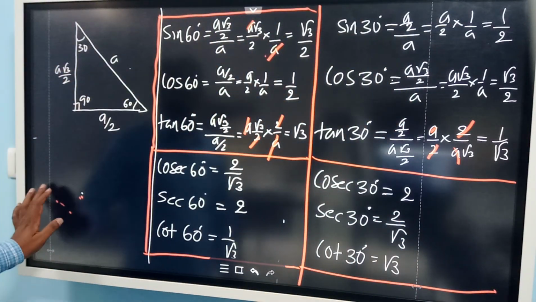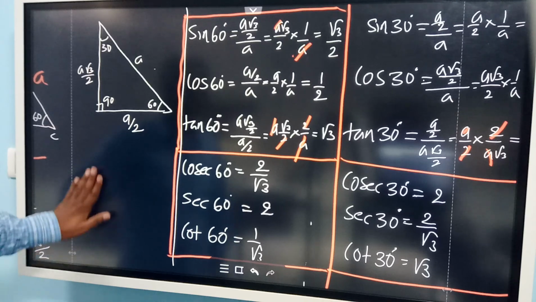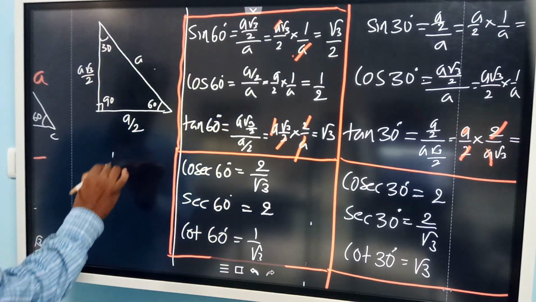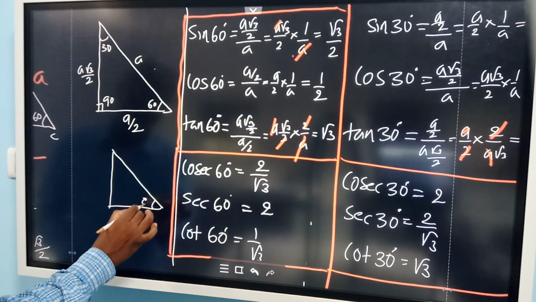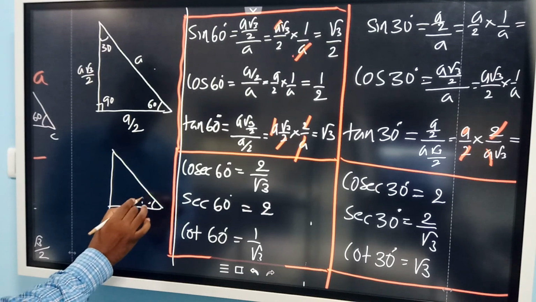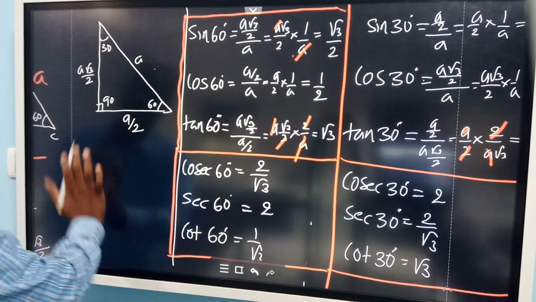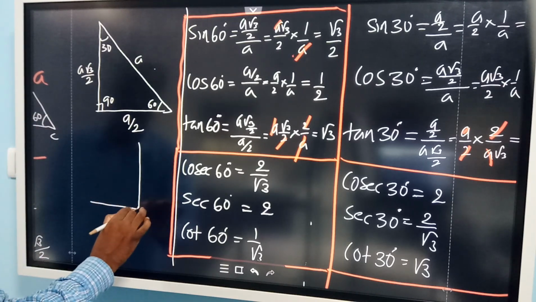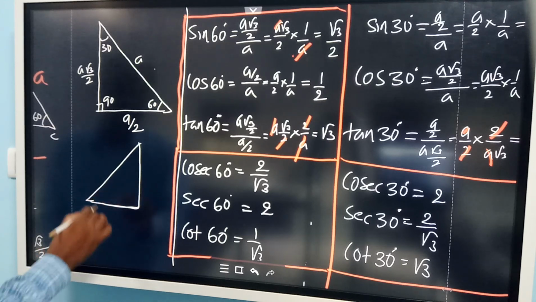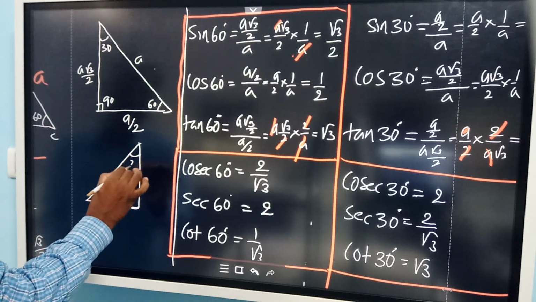Now I will tell you how to remember this. The same right angle triangle you can write like this. This is 60 degree, or otherwise the other triangle also you can write, with this 60 degree and this 30 degree.